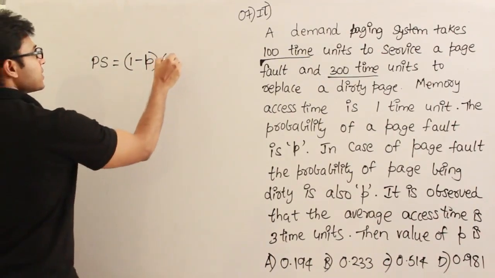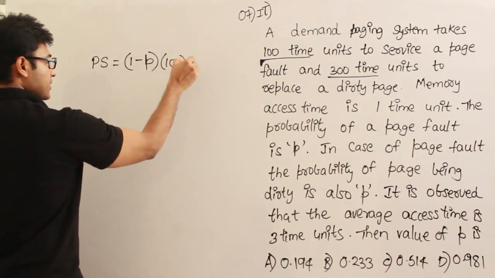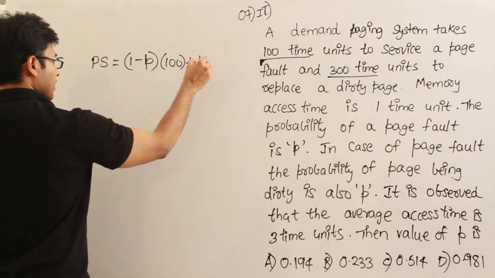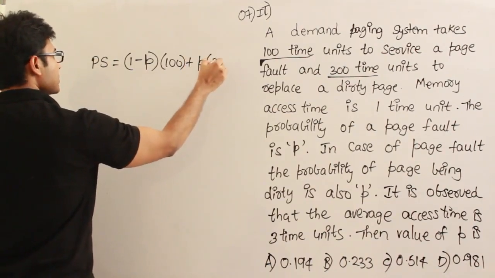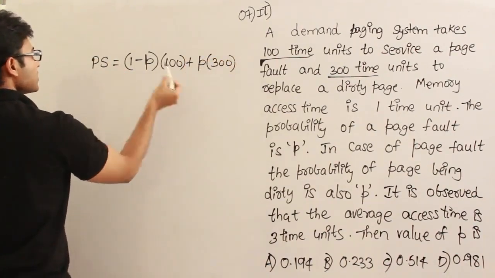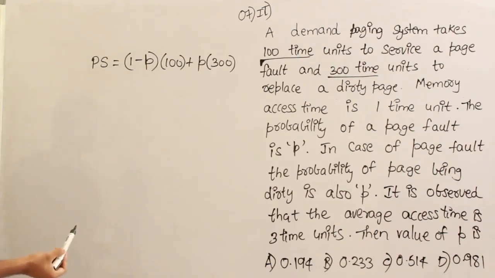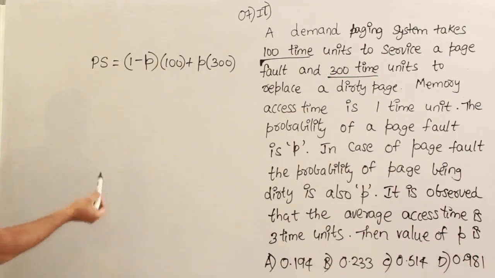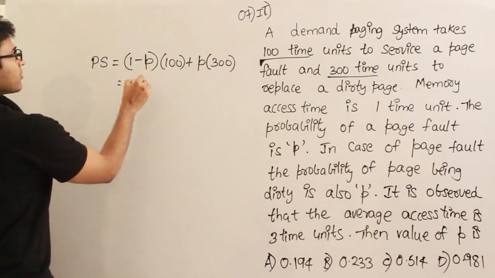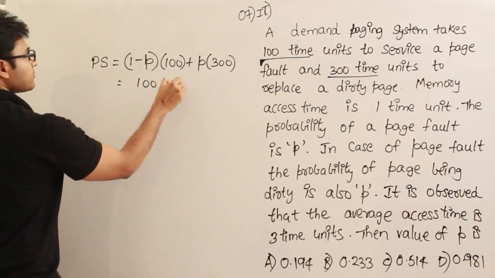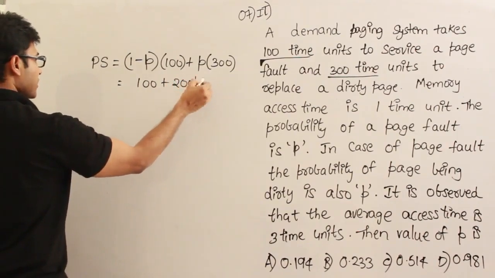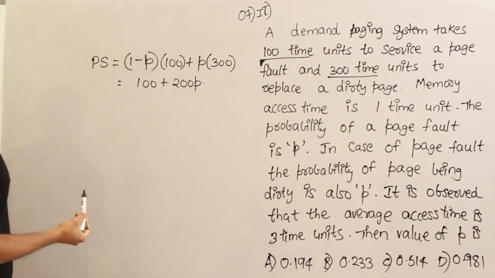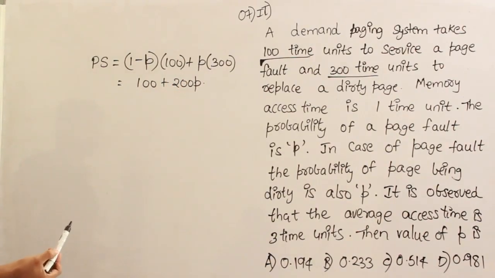In this case it is 100 units. If the page is dirty, then it is 300 units. Therefore this is the page fault service time, right? Once you derive this, you can even simplify it. It is 100 plus 200P, right? Okay, so this is the page fault service time.